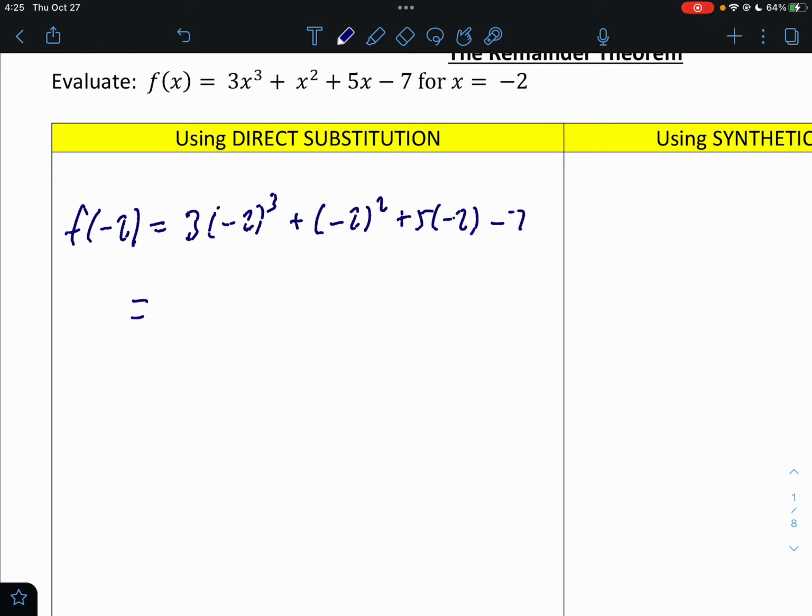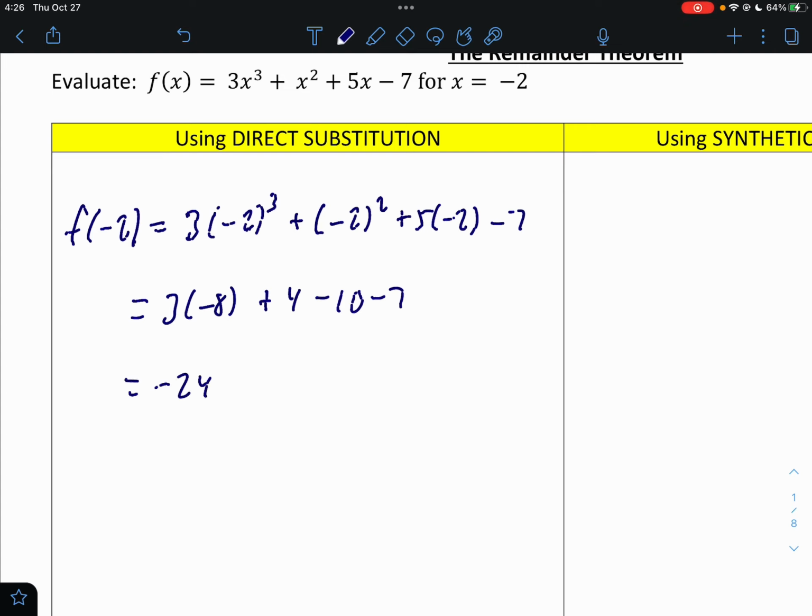That would give us 3 times -8 plus 4 minus 10 minus 7, so it'll be -24, and then 4 minus 10 minus 7 is -13, so that'll be -37. Hopefully I did my math right there.